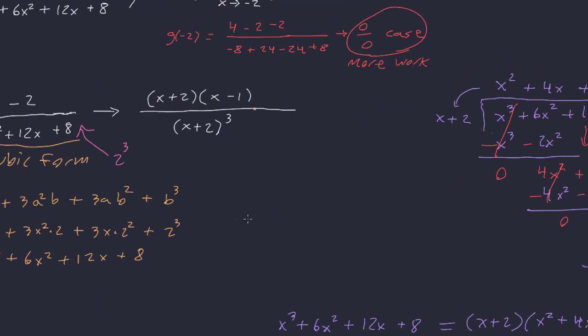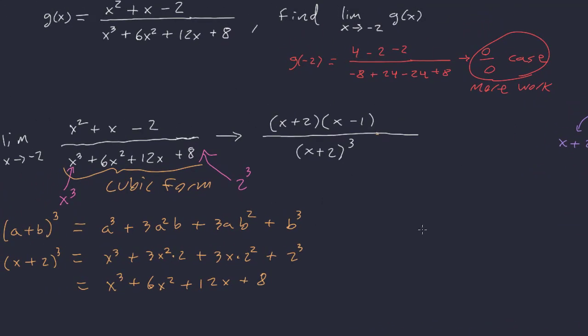All right, that was a long walk to get there, but if you're unsure on how to factor something, but you know something that can be taken out of it, you can always do that. Okay, so now this x plus 2 will cancel with this x plus 2 and leave us with an x minus 1 over x plus 2 squared.